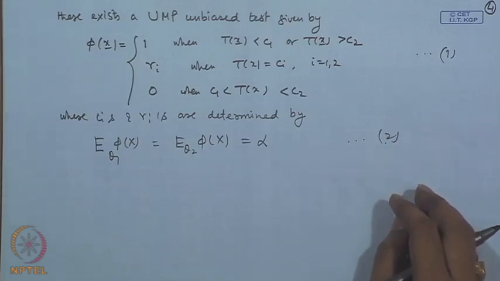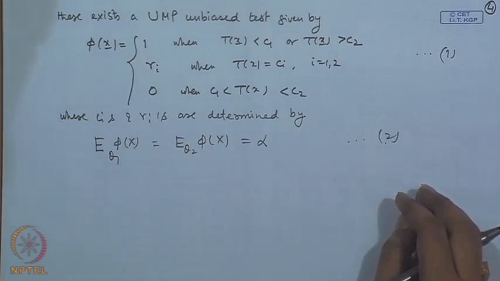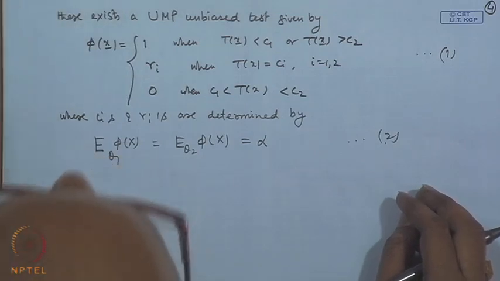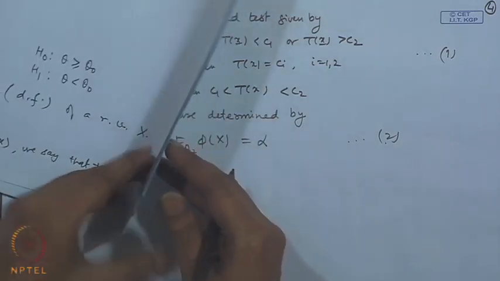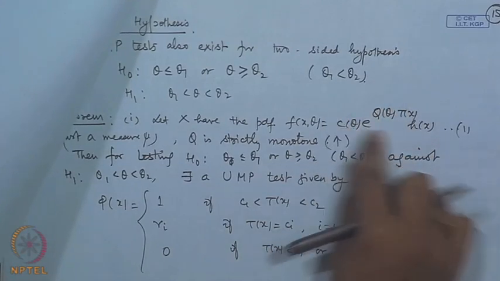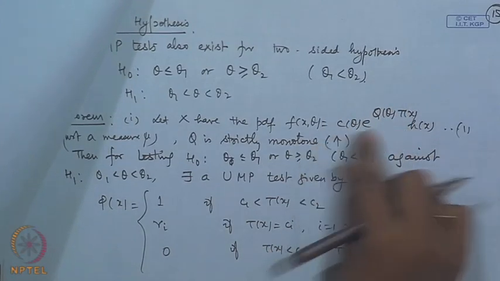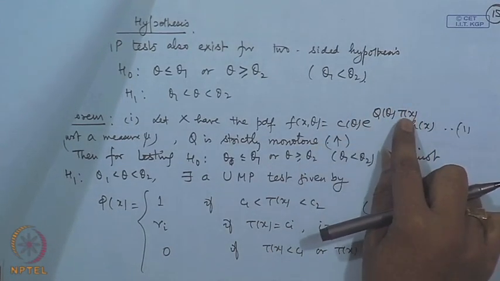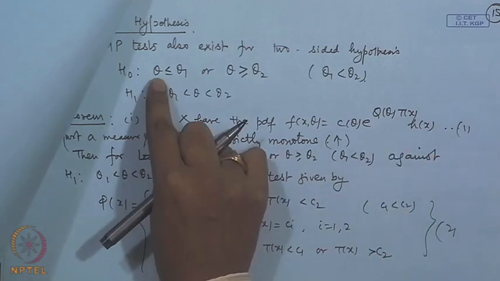Let us have a comparison with the test which I gave in lecture number 24, just to appreciate the dual problem. Here we had considered that Q is strictly monotone. So, you had monotone likelihood ratio and T(x), which is satisfied here.